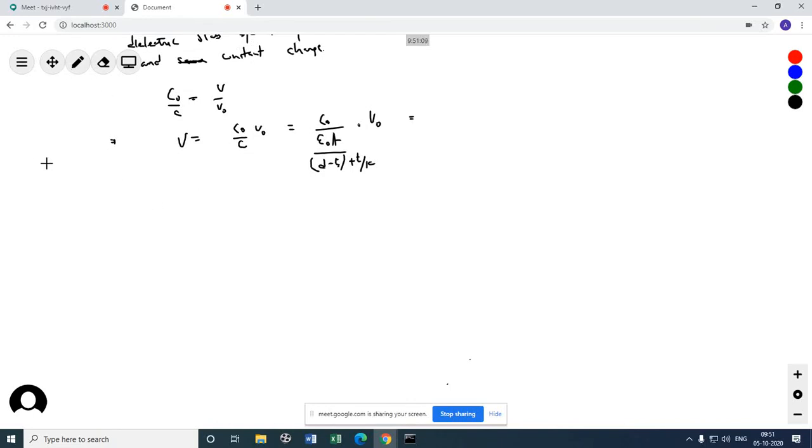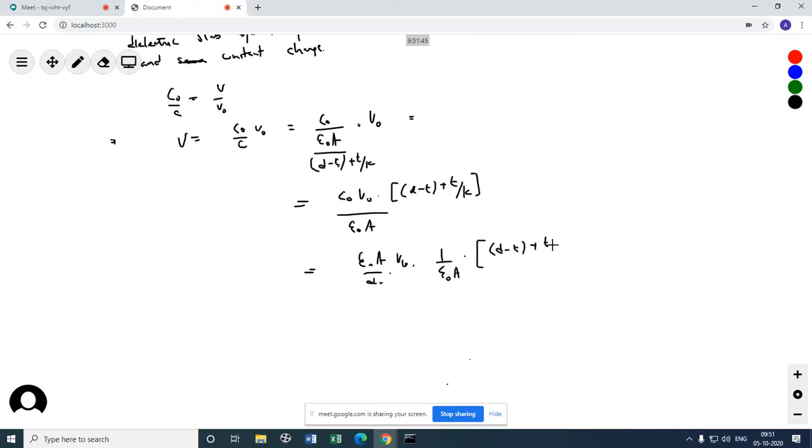So you see, what do we know? C is given as C naught by C equal to V by V naught. So V equals C naught by C. Now we need to find V naught. So C naught is V naught into D minus T plus T by K divided by epsilon naught A. This is epsilon naught A by D into V naught into 1 by epsilon naught A into D minus T plus T by K. So this gets cancelled.